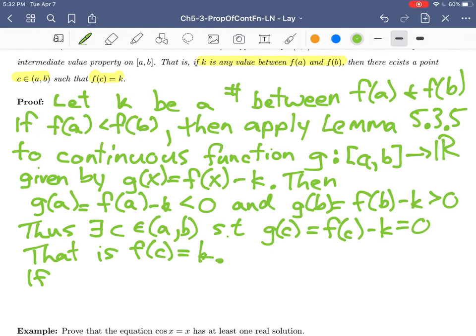If, on the other hand, we have f of a bigger than f of b, we can do a really similar argument.